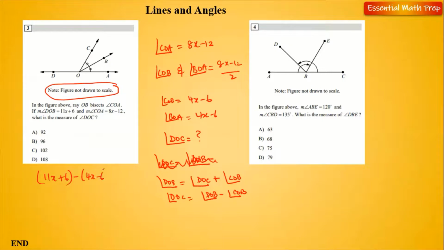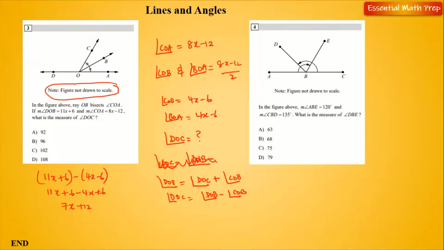This is why I highly recommend you use brackets. So it'll be 11x plus 6 minus (4x minus 6). That's essentially 7x plus 12. That's angle DOC.